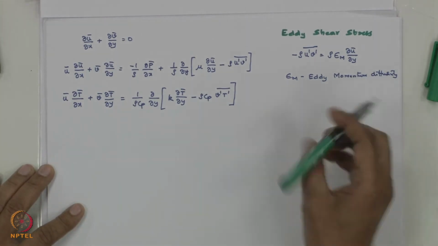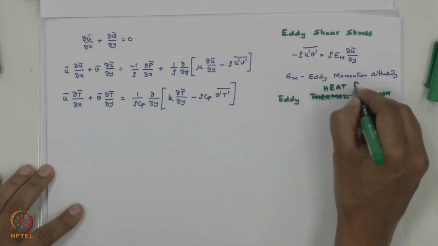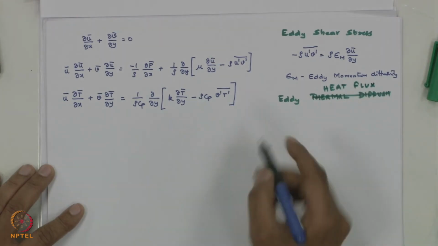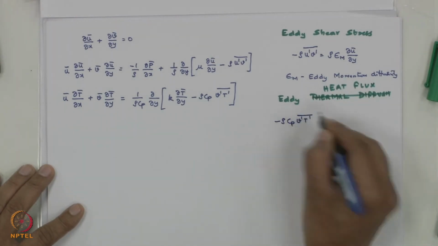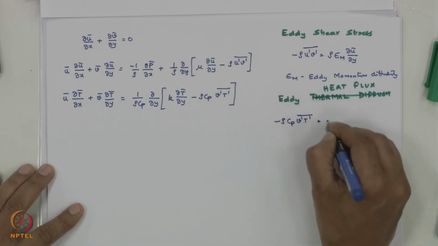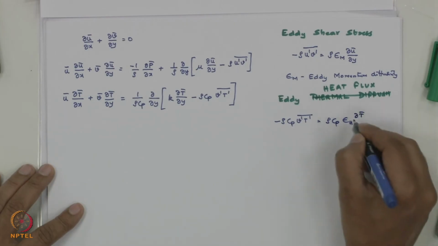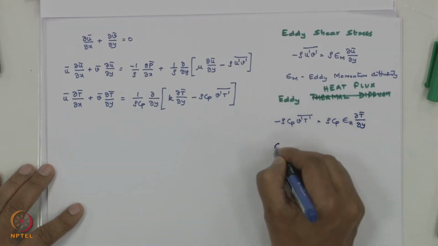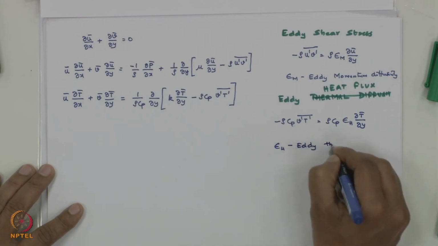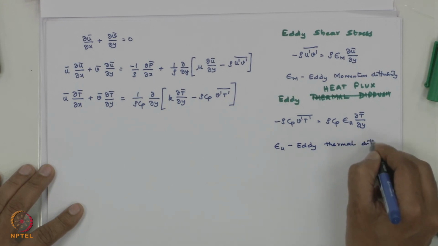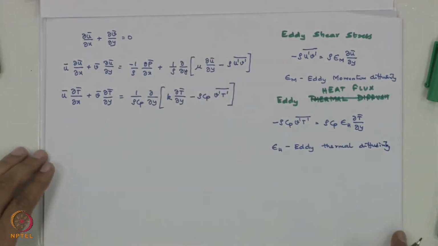So now we can define eddy heat flux. Eddy heat flux, that is minus rho Cp V prime T prime bar, is equal to rho Cp epsilon H del T bar by del Y, where epsilon H is the eddy thermal diffusivity. If I substitute this in these equations, what do I get?